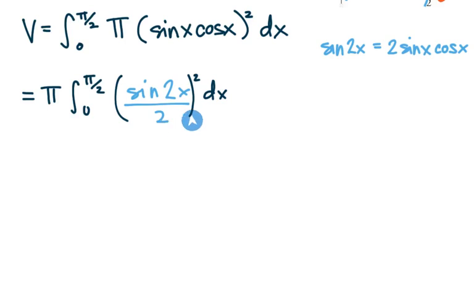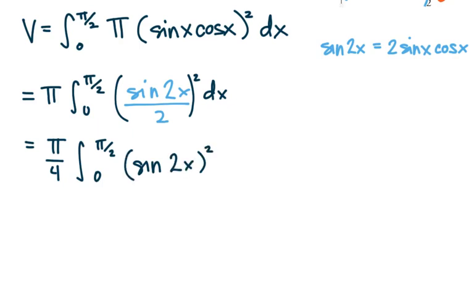So this 2 squared, I'm going to pull that out in front. I have pi over 4, the integral from 0 to pi over 2 of sine 2x quantity squared dx. Now at this point we use a u substitution. I'm going to let u equal 2x. So we'll say let u equal 2x.